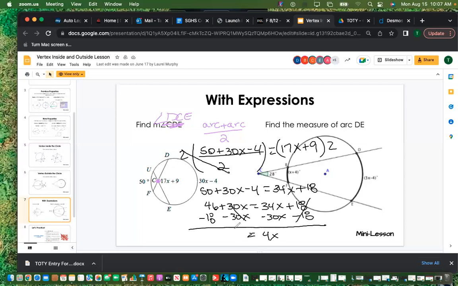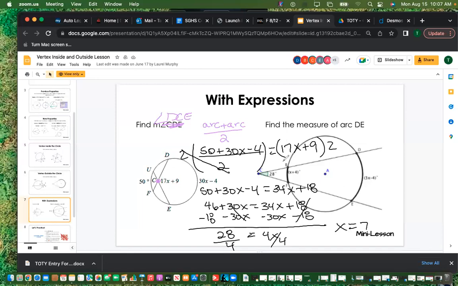This will give me 4x on one side. And on the other side, what's 46 minus 18? 46 minus 18 is 28. Divided by 4 is going to give me x equals 7.